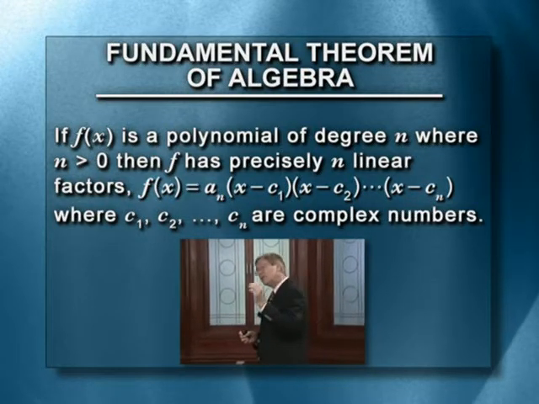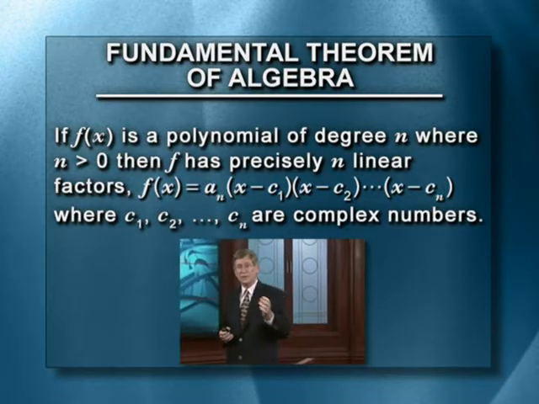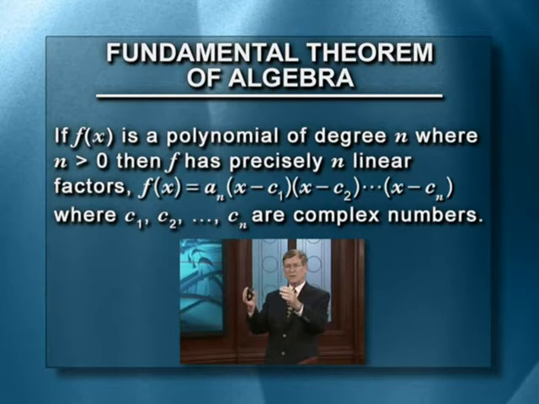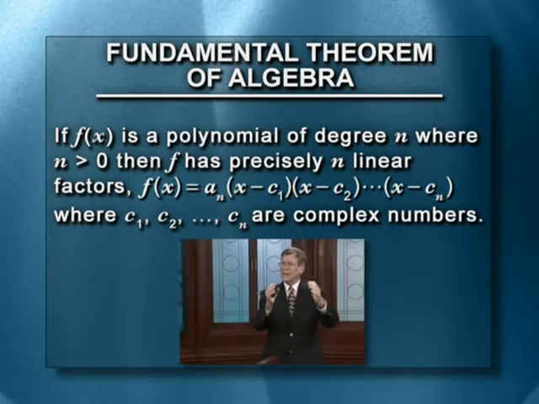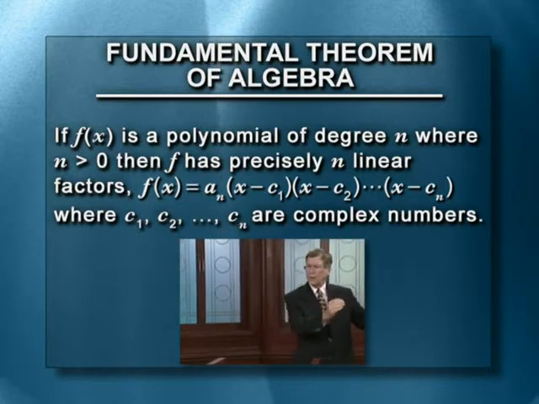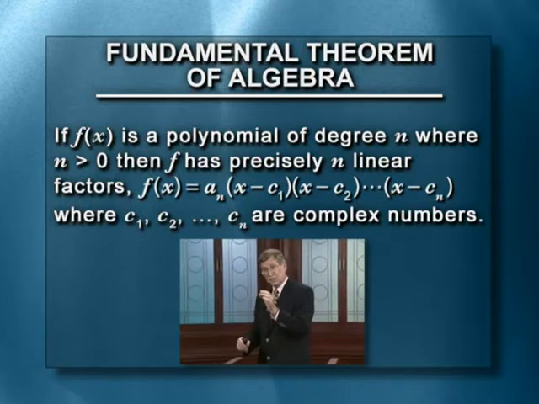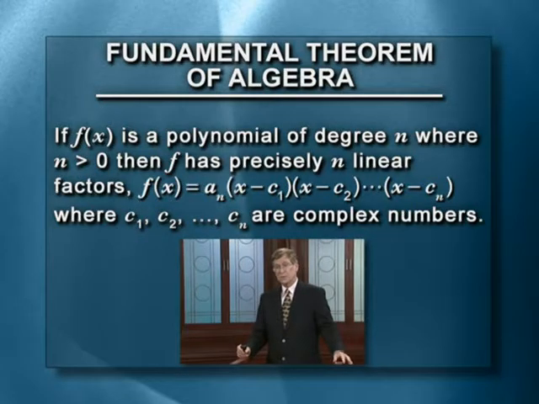And it can look like this. f of x will be some coefficient in front, let's call it a sub n, and then it has n linear factors, x minus c1, x minus c2, x minus c3, all the way down to x minus c sub n. Those c's are complex numbers, and those are the zeros, the roots of that polynomial equation.